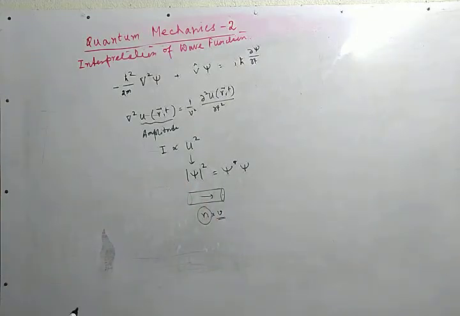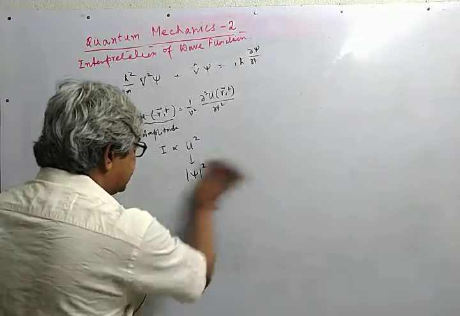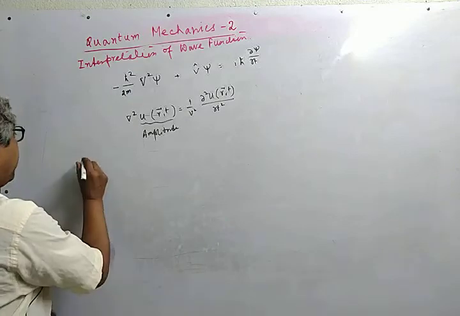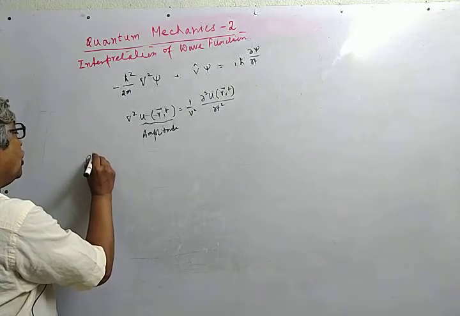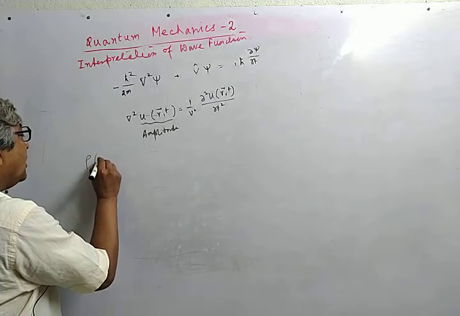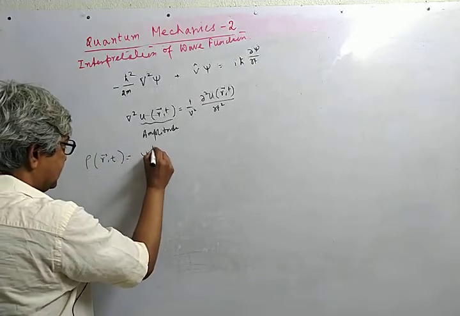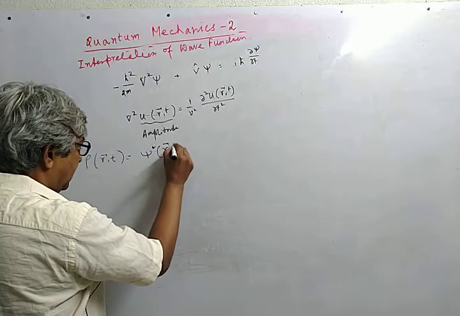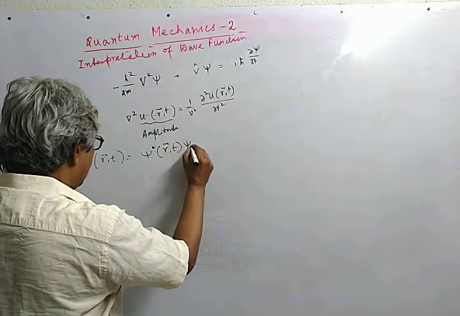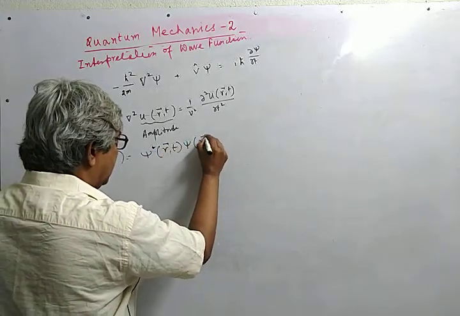This is known as the Born interpretation, and let me write this. So as per Born, rho(r,t) is equal to psi star(r,t) psi(r,t).